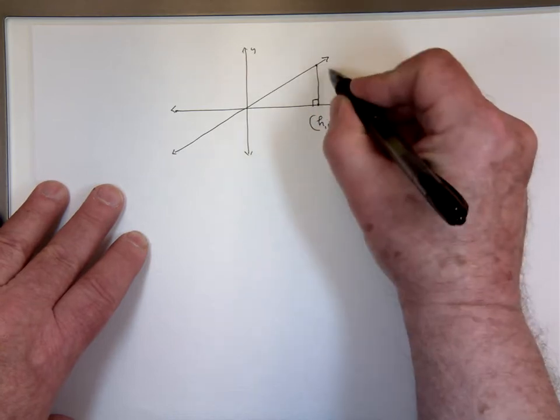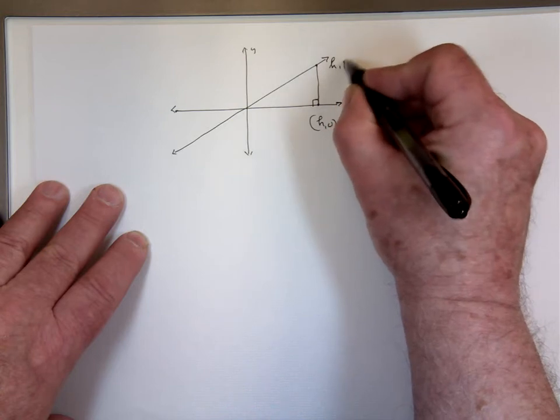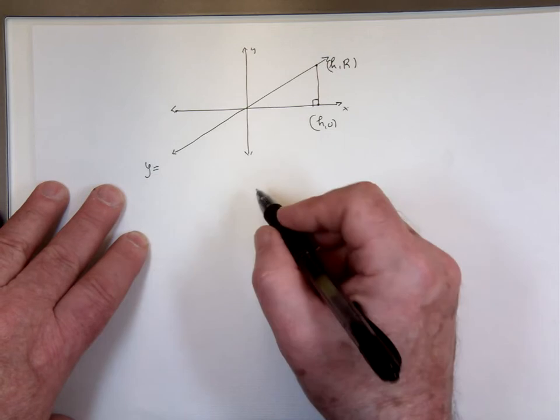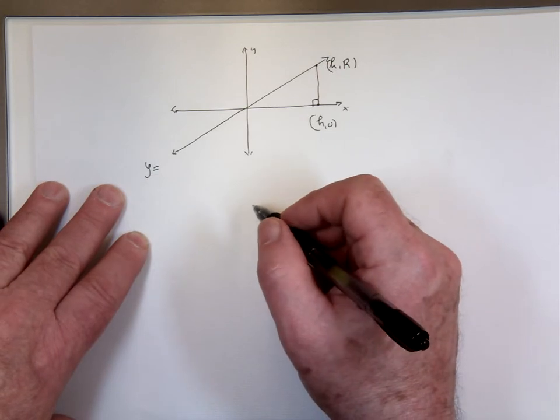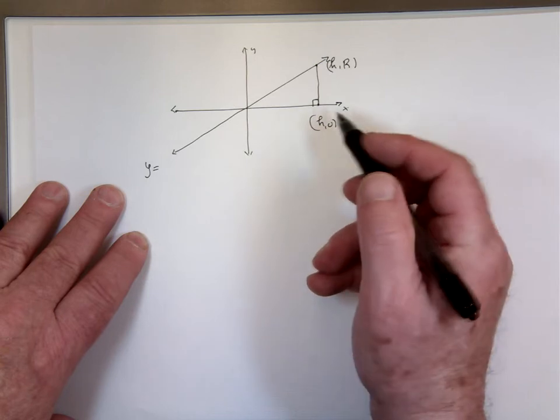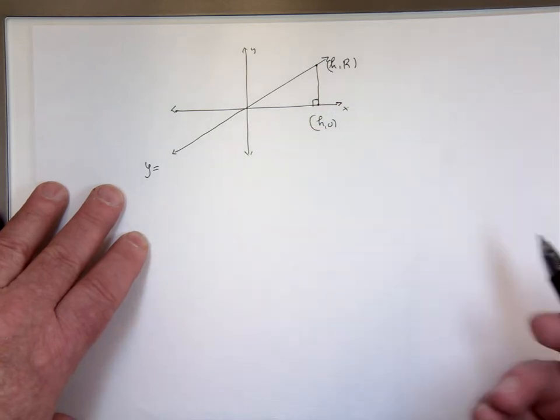And this, we said, was y equals r over h x.